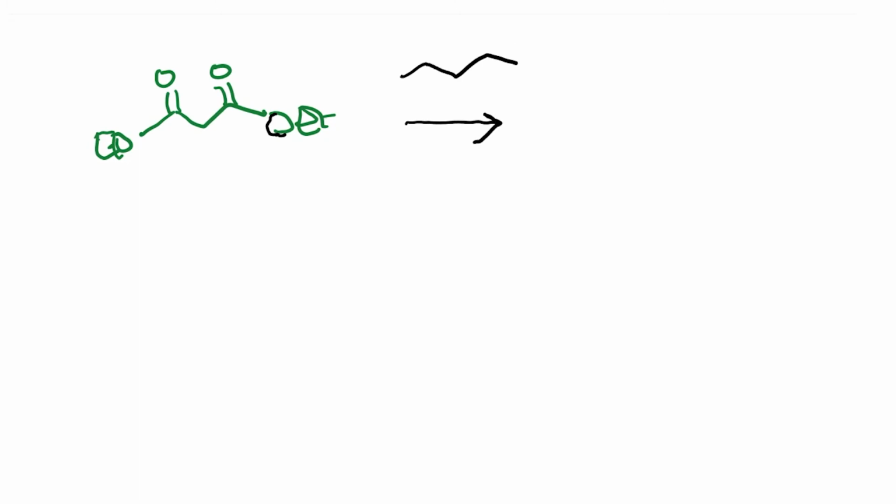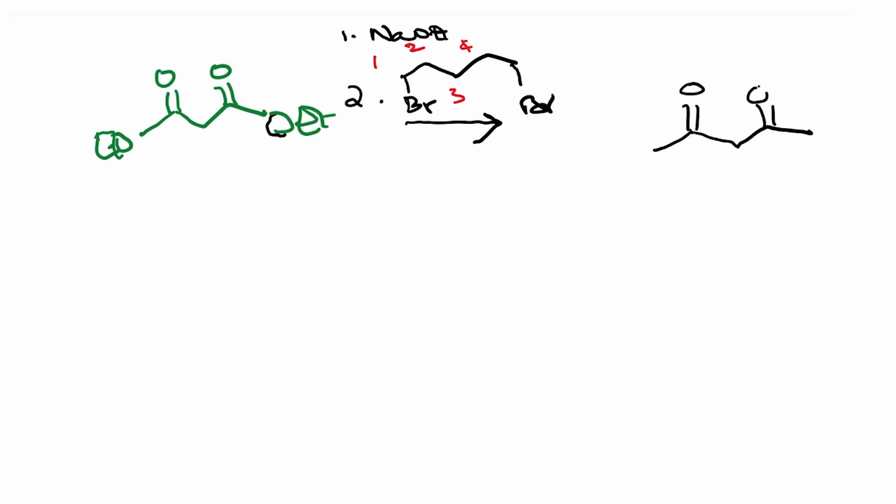So the last example that we look at is this. 1,3-dicarbonyl compounds allow you to make cyclic compounds as well, because if you react this with compounds such as this, okay, the first step is obviously reaction with NaOEt, and then you add in this dibromide, so you can end up with OEt.